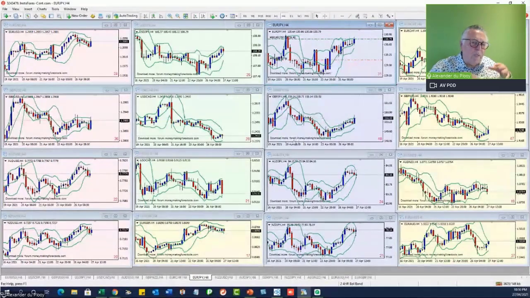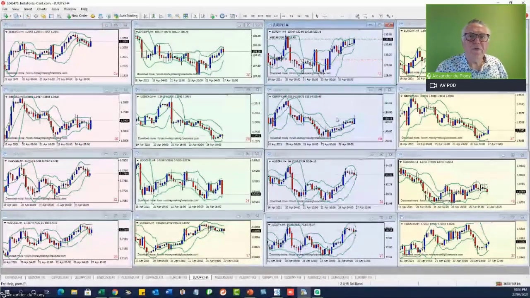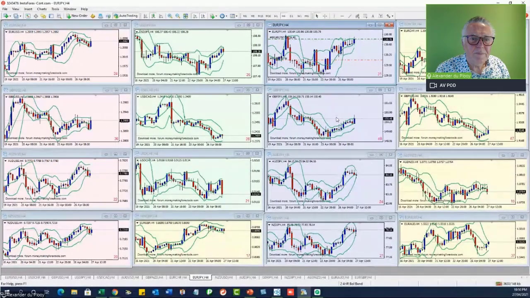So you will have seen that I've rejected quite a few trades because the ATR was a small number. I've also rejected a few trades because the spreads were too high. So those are some of the filters that I do use, yes.